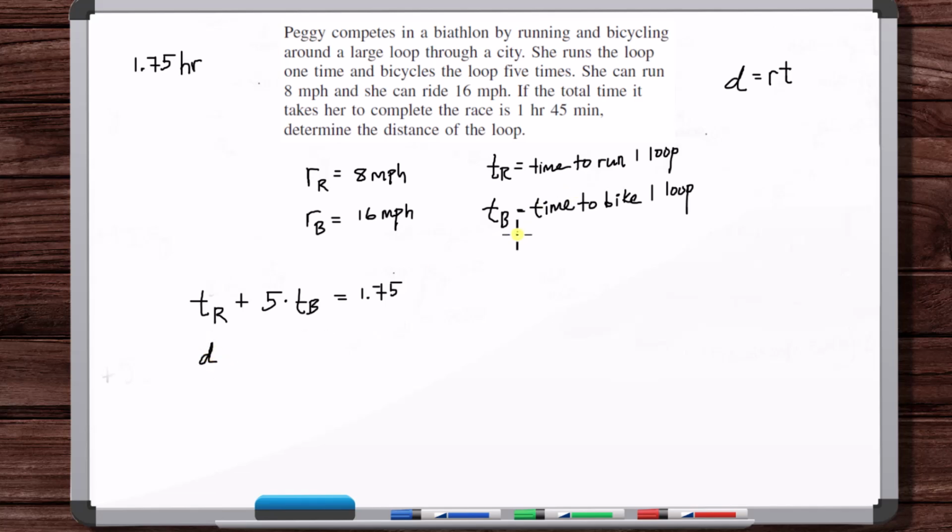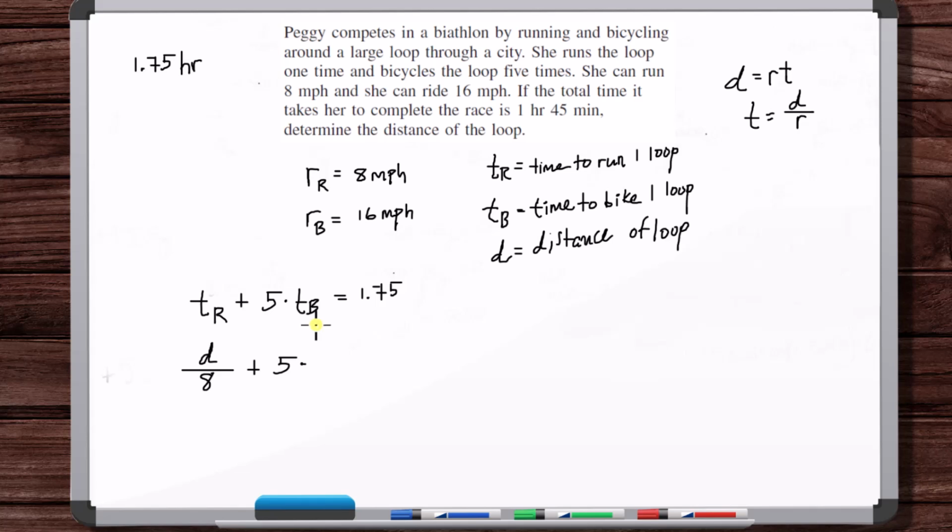We'll call this D, the distance of loop. Okay, D divided by 8, right? Because T is equal to D divided by R. Distance divided by rate. Plus 5.